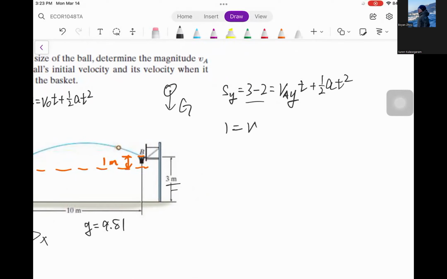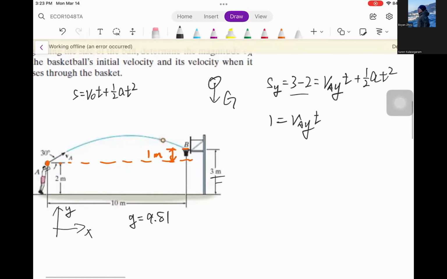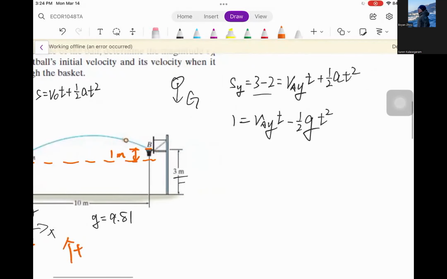And Vay, that is the first unknown we need to find, times t. T is also an unknown. Plus, since the gravity is pointing downward, and I'm saying pointing upward is positive, we have a downward acceleration. So in this case, we're going to use a negative sign. So it's negative half g t to the power of 2. So that is our first equation.